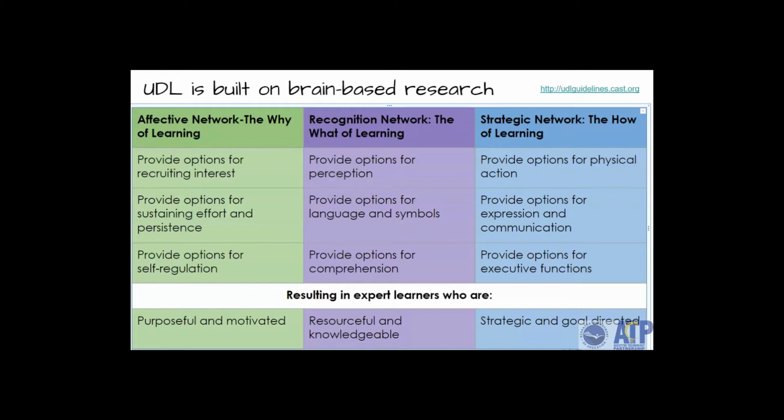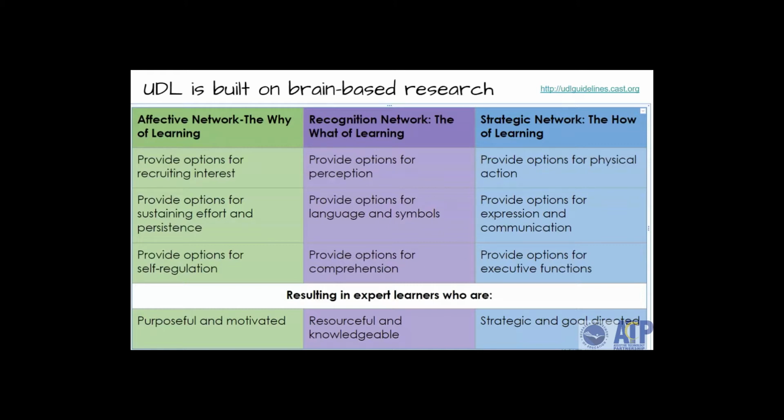We need to make sure, with the why of learning, that we're providing options for recruiting interest, options for sustaining effort and persistence, and options for self-regulation, which results in an expert learner who is purposeful and motivated.